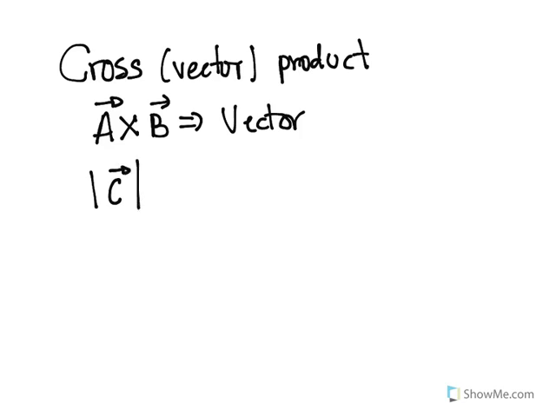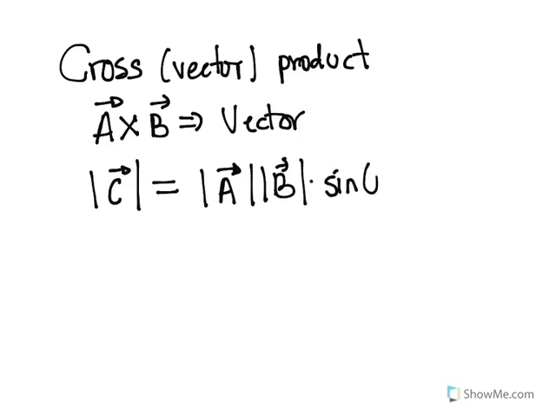Let's call this C, and the magnitude is going to be calculated as the product of the two magnitudes of the original vectors times the sine of the angle between the original vectors.